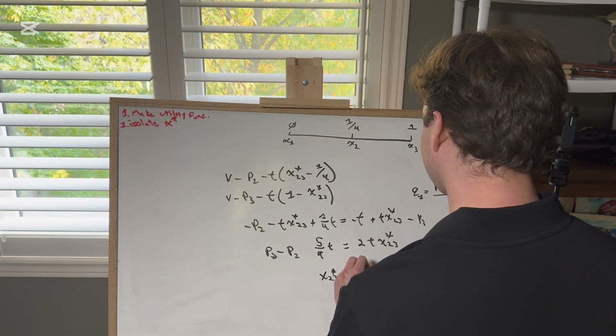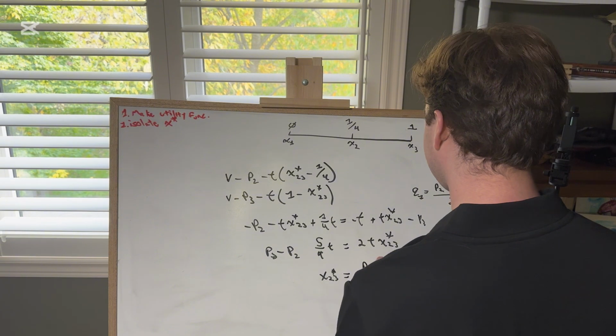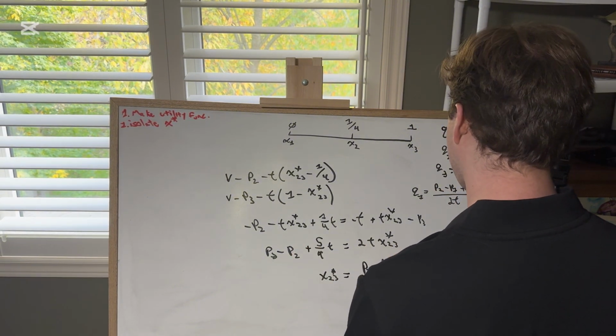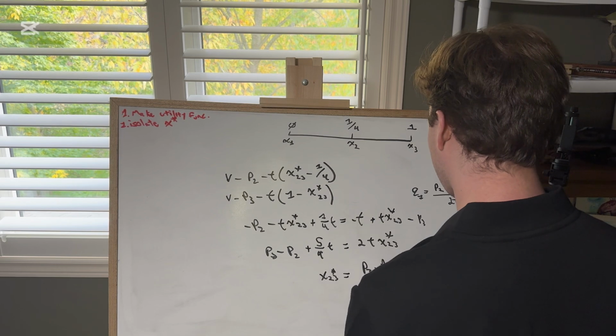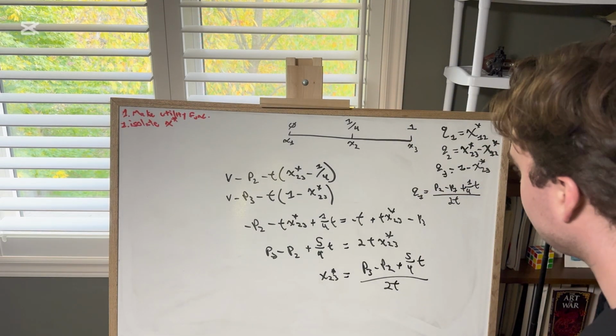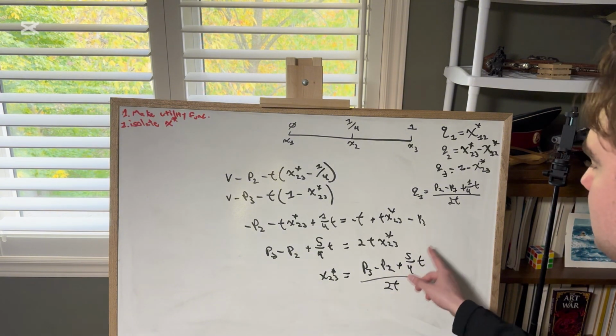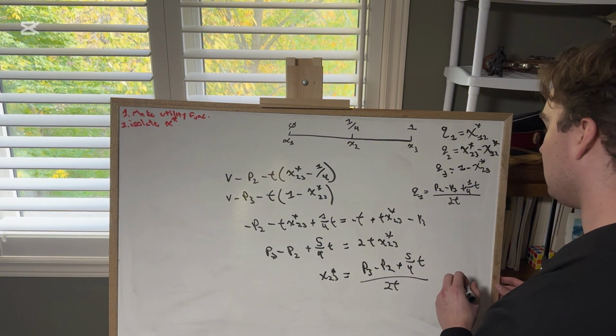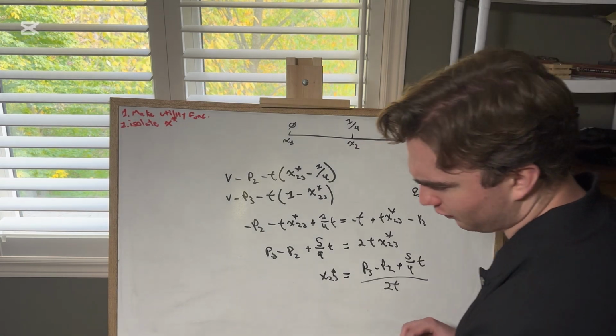Anyway, P3 less P2. This is plus, by the way. Plus 5 over 4t over 2t. So, as you can see, this really simplifies. Your t is dropped, and this goes to 10 over 4, doesn't it?